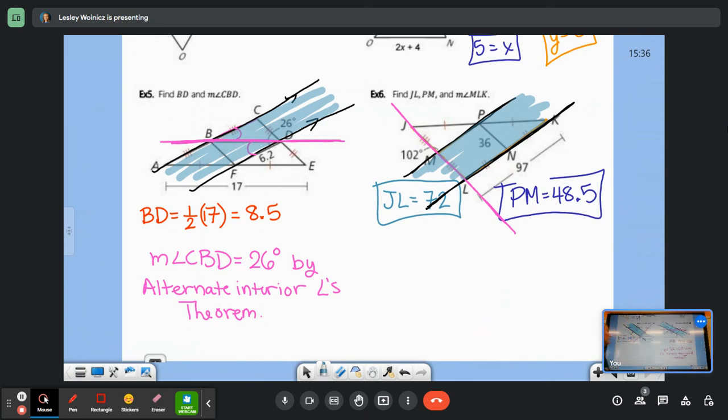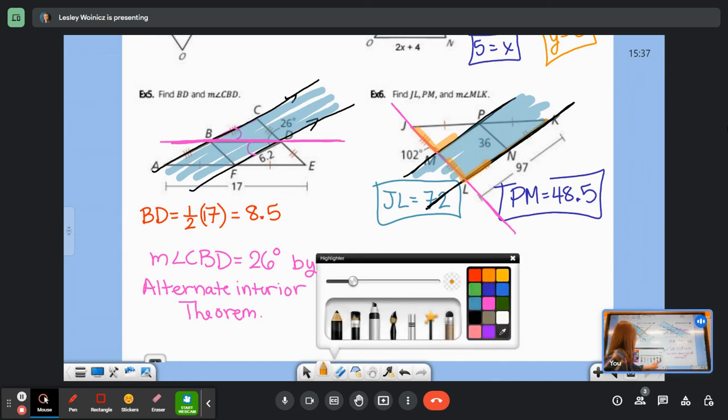Okay, now if I look at the one they gave me, the 102, and the measure of angle MLK, they're not both in the interior, they're not both in the exterior, and they're on the same side of my hot pink transversal. It's these two right here, this one and this one. You can see that if I just slide my 102 angle right down here, it lands on angle MLK. Guys, these two are corresponding angles. These are kind of the hardest ones to see, even though they're one of the first ones we learned.